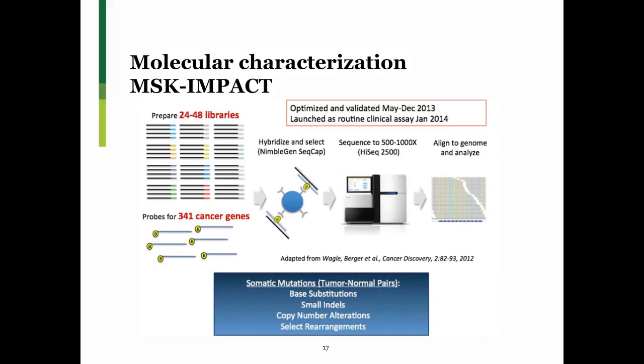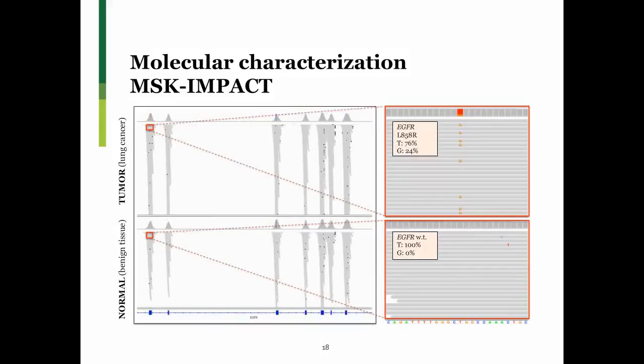So this is an example of a tumor that's sequenced compared to its normal, and we're looking at just one exon from the EGFR gene that harbors the activating L858R mutation, and this is showing the sensitivity of this approach to detect this activating mutation in cancer cells.